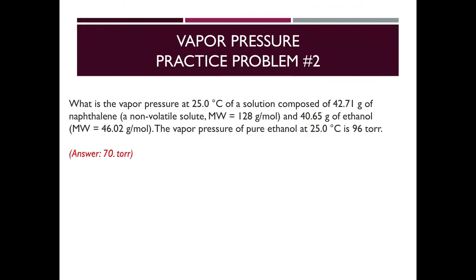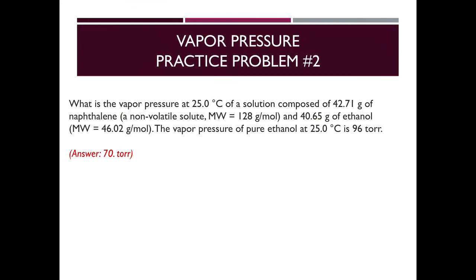Let's try another one. This one says, what is the vapor pressure at 25 degrees Celsius of a solution composed of 42.71 grams of naphthalene, which is a non-volatile solute, so we know that our vapor pressure will be lower, and ethanol. The vapor pressure of pure ethanol at 25 degrees Celsius is 96 torr.